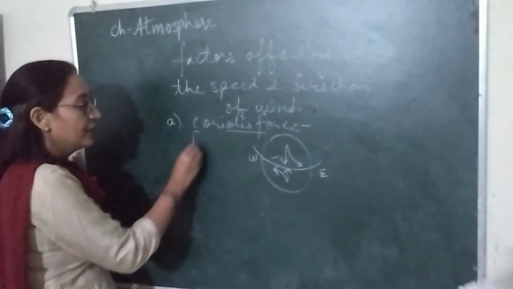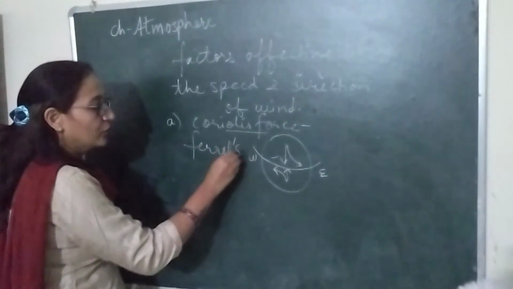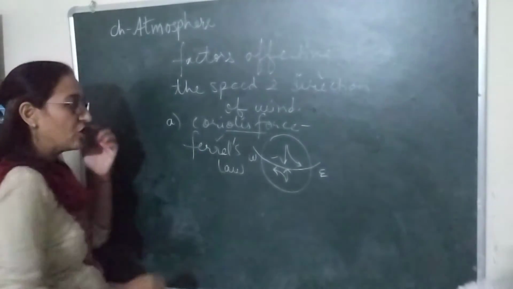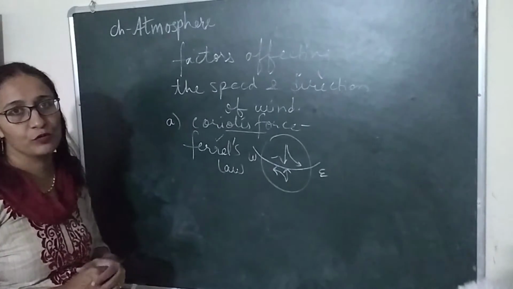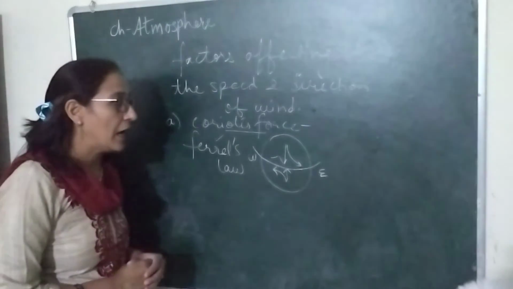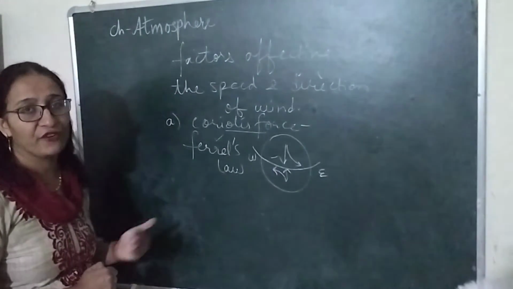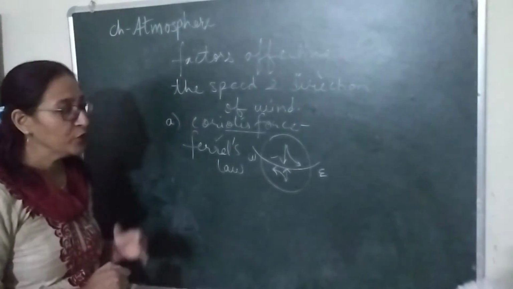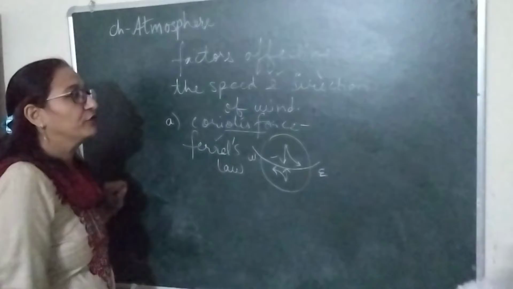This is called Ferrel's law. Ferrel's law states that due to the rotation of the earth, Coriolis force will be produced, and due to this force, wind gets deflected right in the northern hemisphere and left in the southern hemisphere. So in this way, Coriolis force affects the direction of the wind.